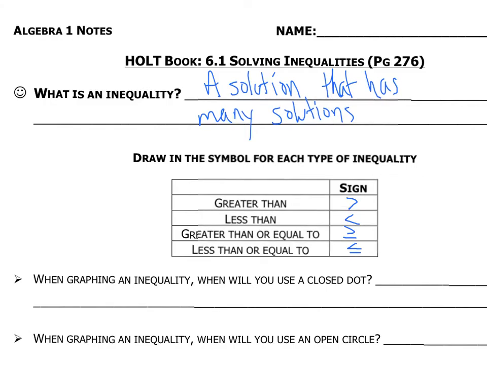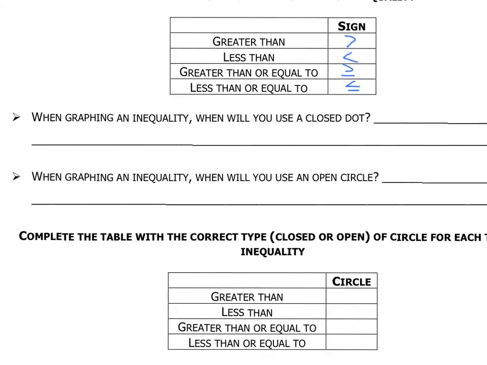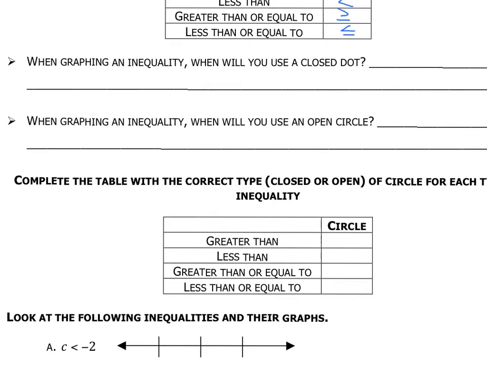As we shift down a little bit: when graphing an inequality, when will you use a closed dot? When we're graphing inequalities, we will use closed dots. Again, you're going to see what I mean by that a little later. You draw a circle, and a closed dot will have it all shaded in.